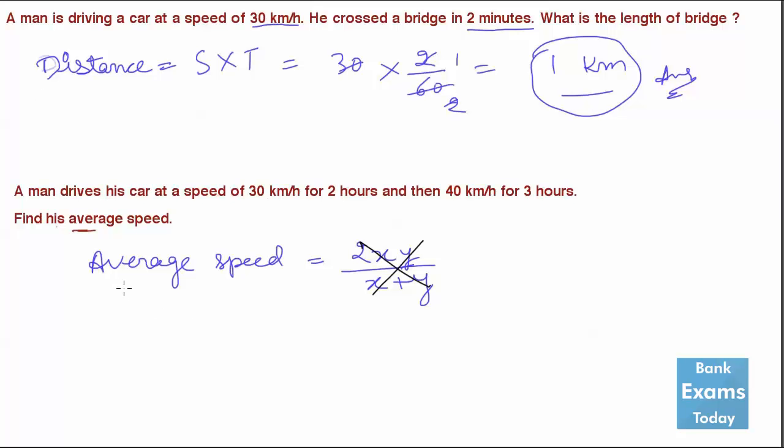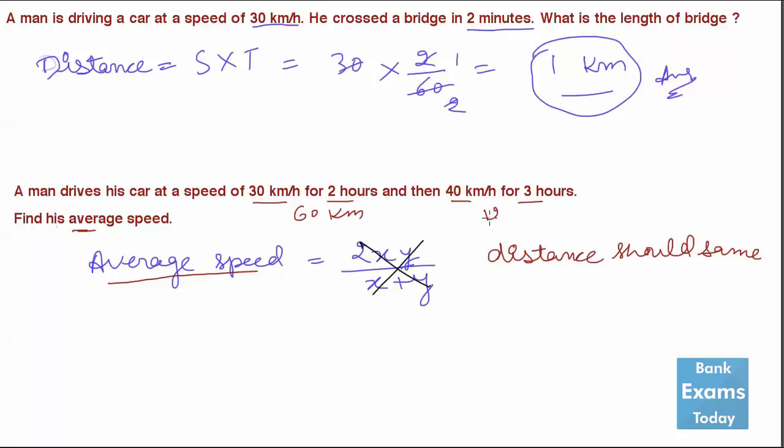Why? Because the condition to apply the average speed formula is that the distance should be the same. But in this case, the person is driving at 30 kilometers per hour for 2 hours, and that is 60 kilometers, and then 40 kilometers per hour for 3 hours, and that is 120 kilometers. So the distance is different, so we can't apply this formula.